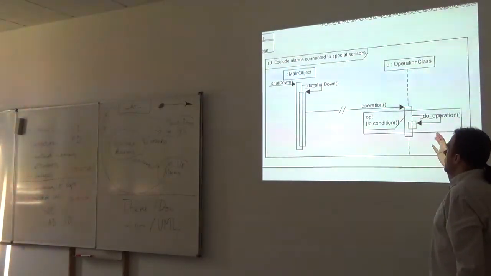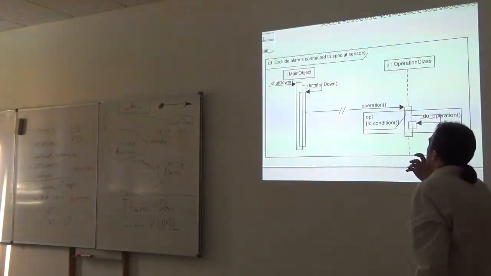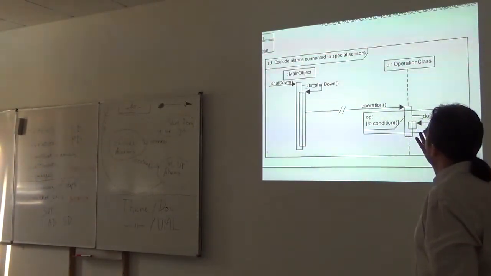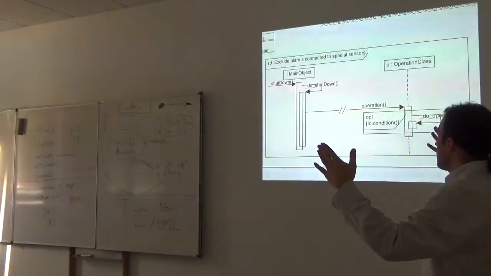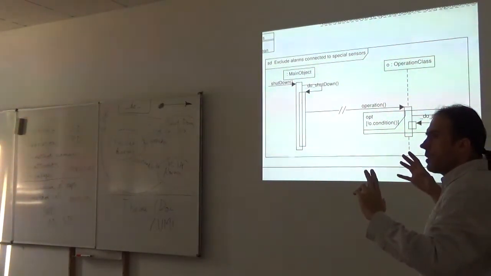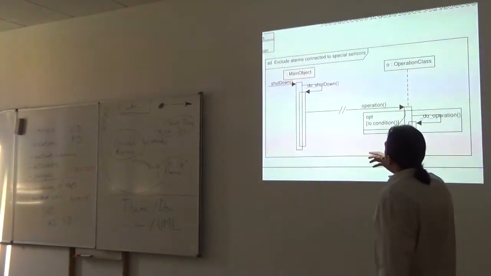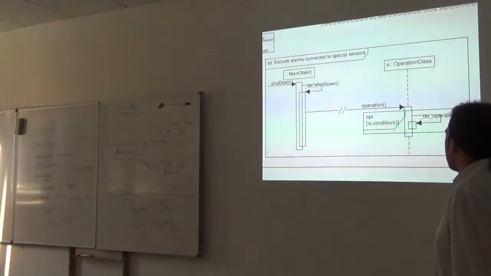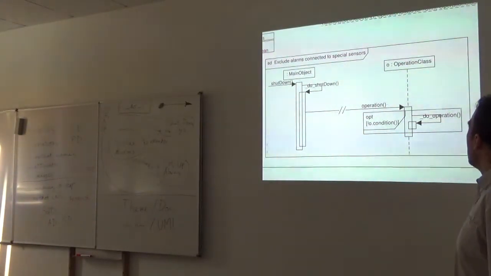Yeah. So when we think of that, maybe we don't want to have these levels of interaction expressed, not even in our design. If that would be the case, we might consider something like this, an indirect call to the operation.